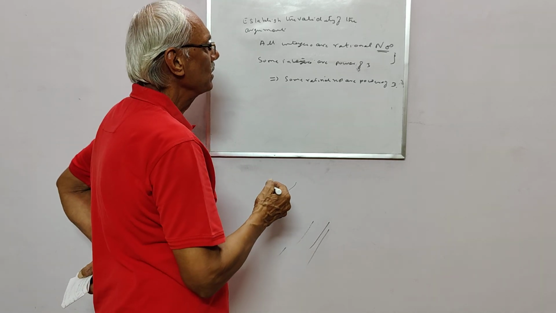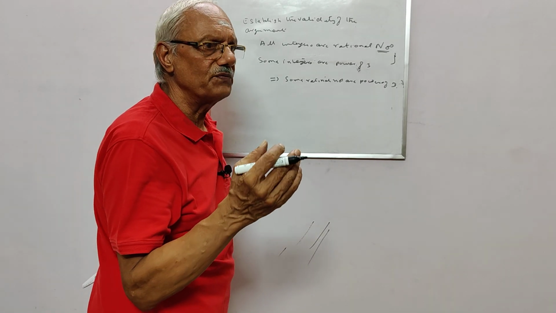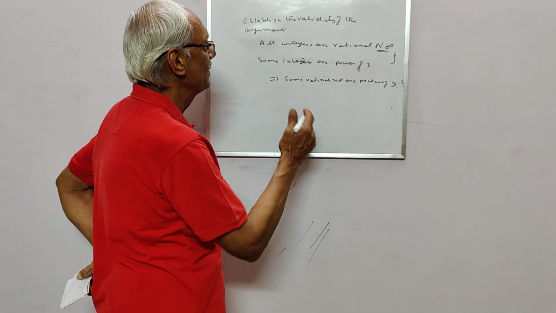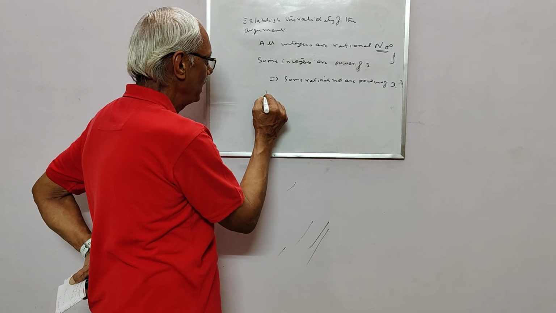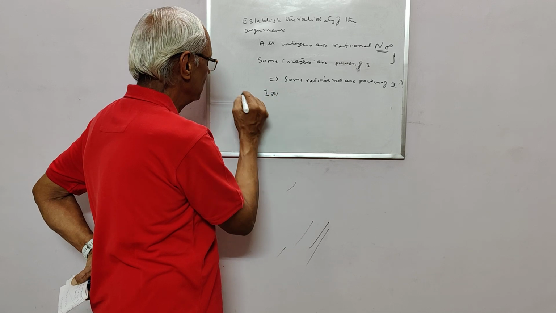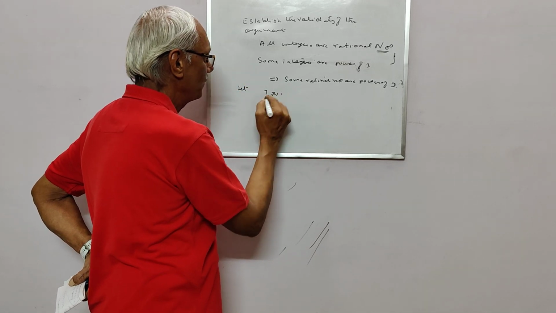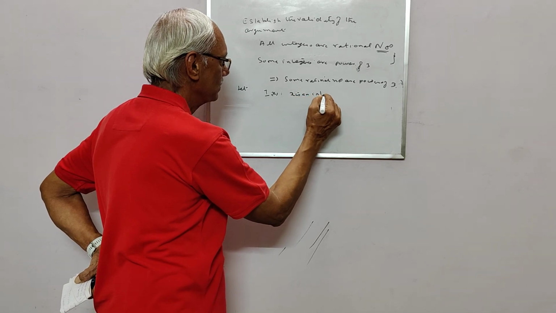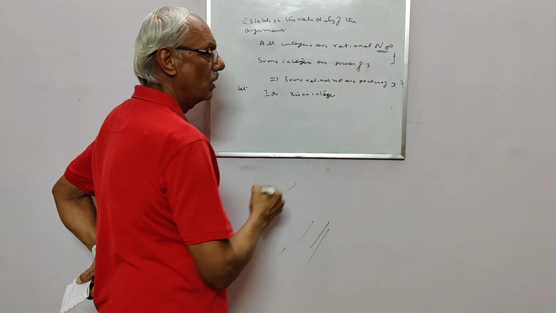Now, for that, you must be able to identify the variables in the predicate form. Let I of x mean x is an integer. So this is how you must have it.